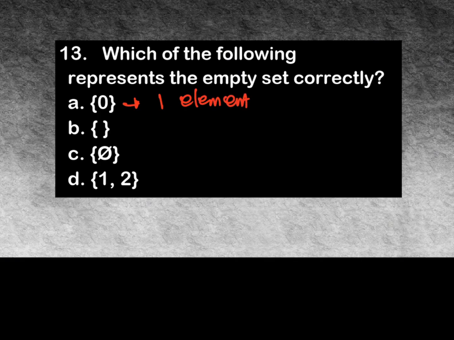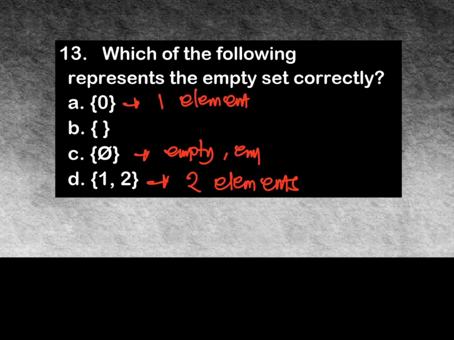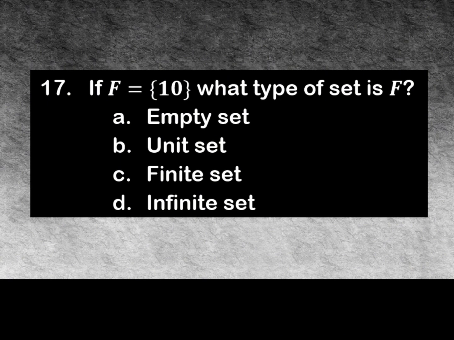And our choices now are either B or letter C. So the best choice here is letter B for empty set. For C, it is a repetition, a combination of empty and null set. So here, our best option is letter B.